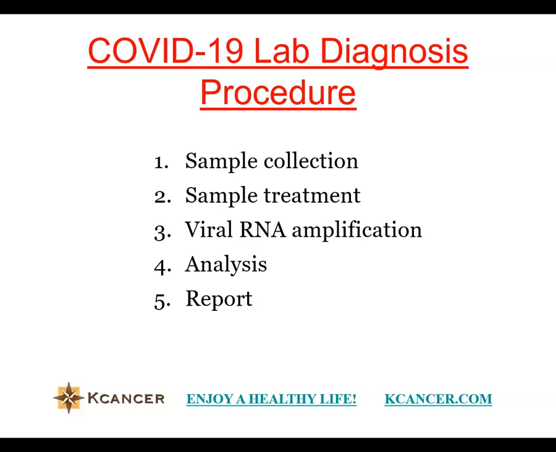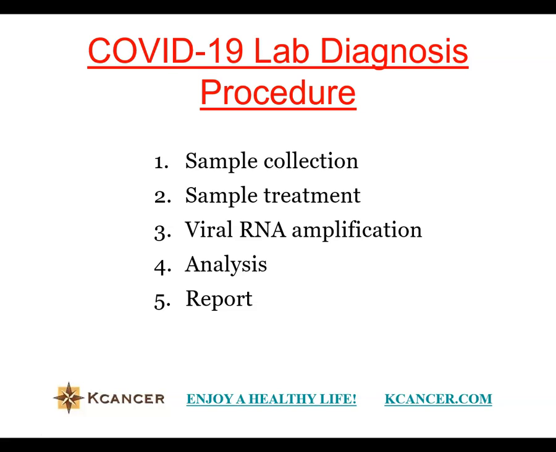The rest of the work is done by the professionals, who treat the sample, because they are going to detect the virus genome. And usually the virus genome is a very, very limited amount. So no machine can identify the virus genome directly from your sample; the sample needs to be amplified to make more copies.